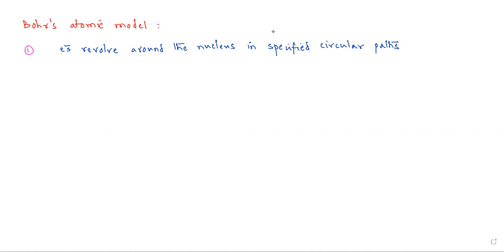This is very important. Electrons revolve around the nucleus in specified circular paths having a fixed radius. Now these paths are called orbits or shells.